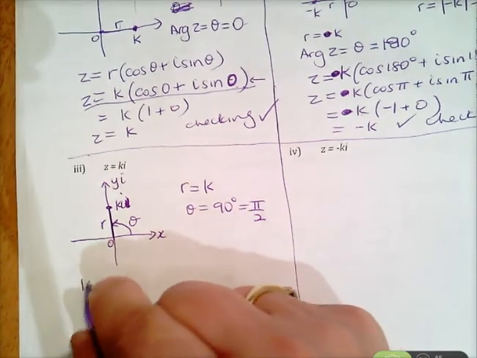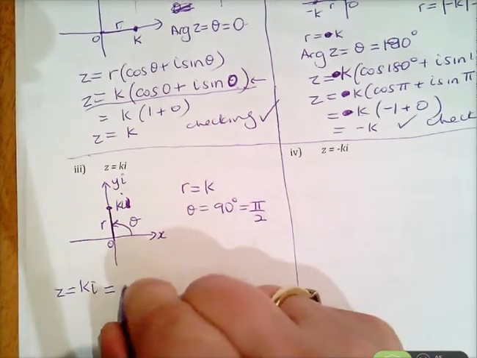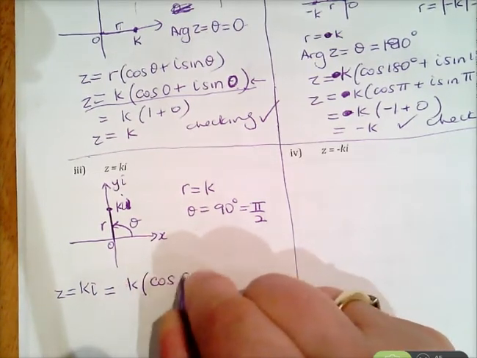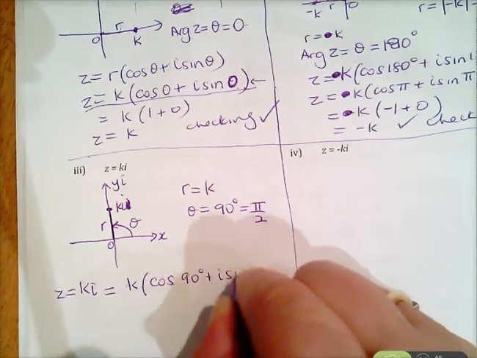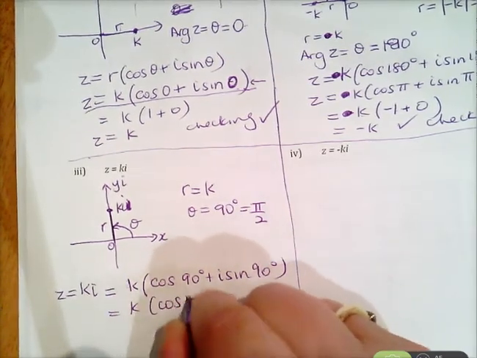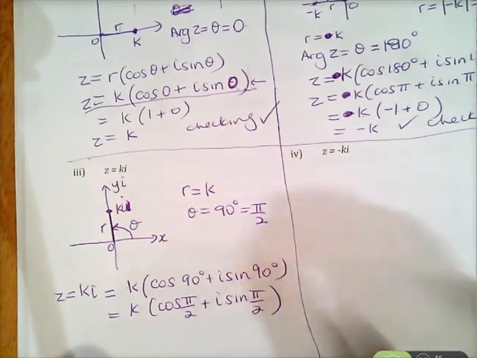Therefore, your complex number z here now equals ki, which is modulus r, which happens to be k, cos of 90 degrees plus i sine 90 degrees, which is k cos pi on 2. You really should be writing it in terms of pi's, not degrees, okay?